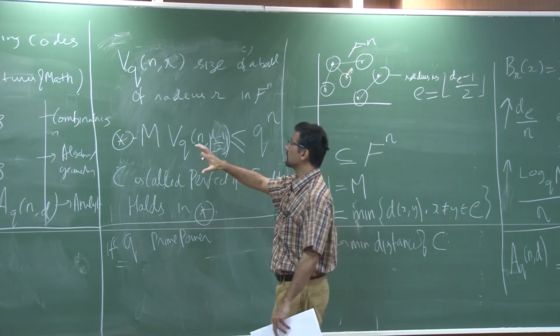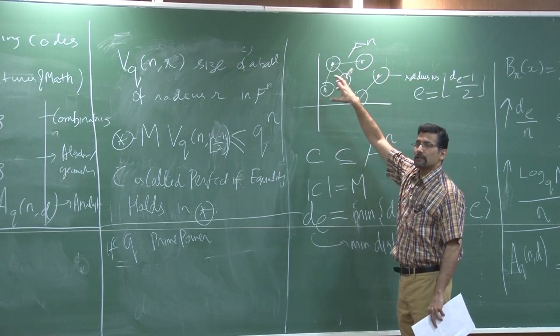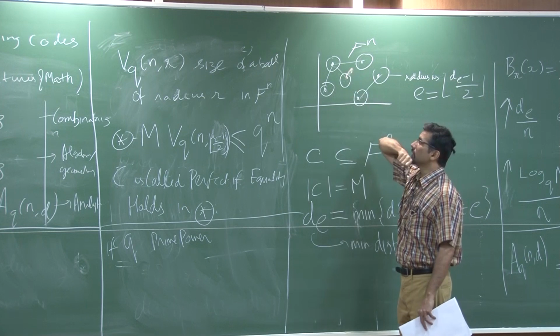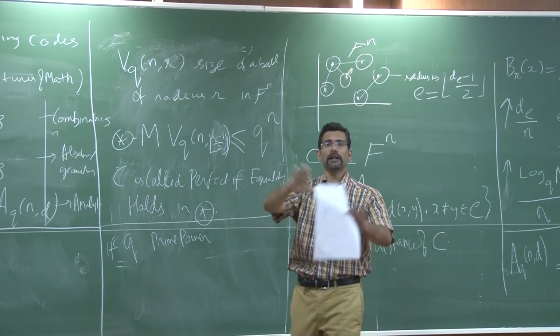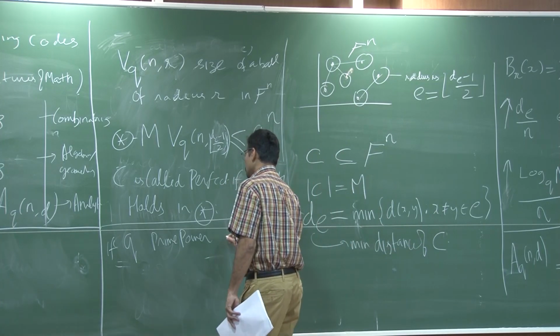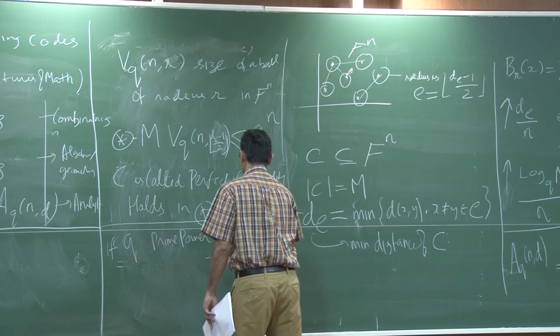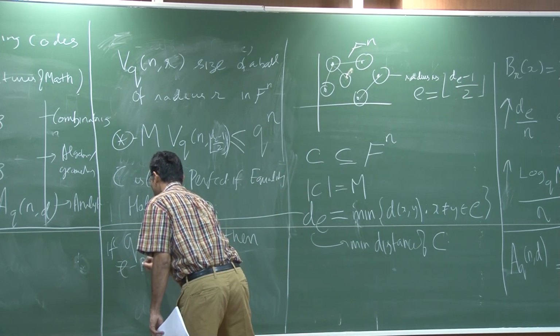We are looking at partitioning the ambient space into some number of disjoint balls of radius e which actually end up covering the whole space. Then these are e-error correcting codes, or e-perfect codes.